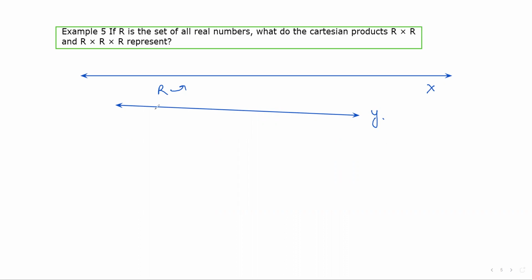So R cross R resembles or represents a two-dimensional coordinate system.